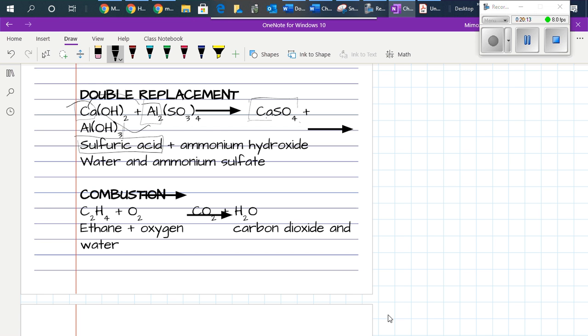So find the sulfuric acid formula if you do not know what it is. Okay, on the chart, please tell me what is the sulfuric acid formula, what is the ammonium hydroxide formula, and how do we write this reaction?